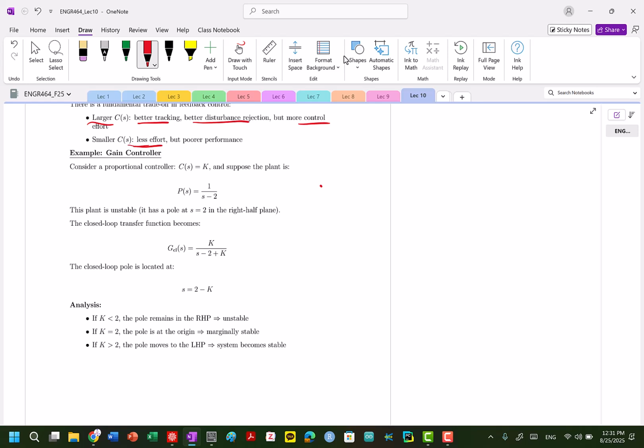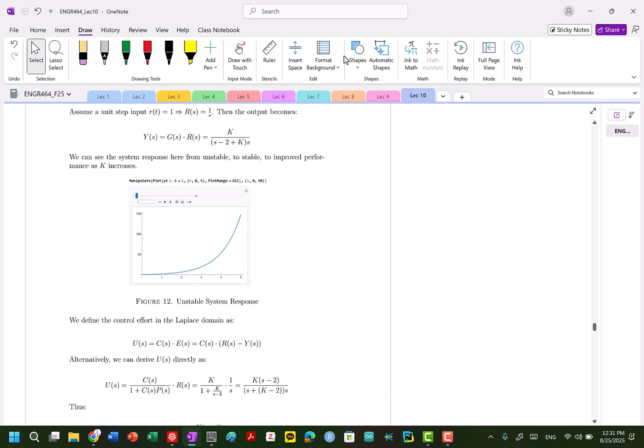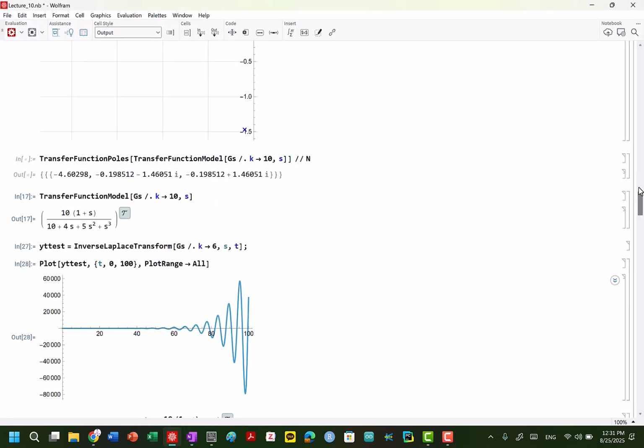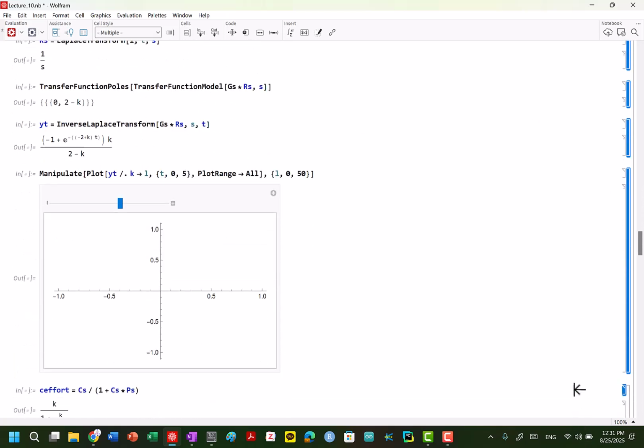Let's look at a gain controller again. If we have this plant function and this controller, we can shift and keep it stable or unstable. And you can see the response of that system as well. We've already seen one example of this, but we can quickly look at it, especially since I have my manipulate plot here.